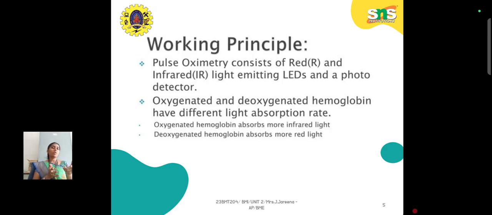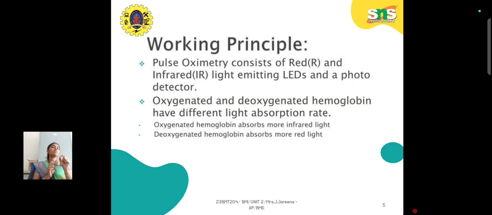Unless we have a photodetector, we can't justify, quantify or measure the absorption made by the hemoglobin. Okay, so that is the reason we have a photodetector in the pulse oximeter. So these are the three important components: two light sources, one infrared and another red, and the third one is the photodetector.